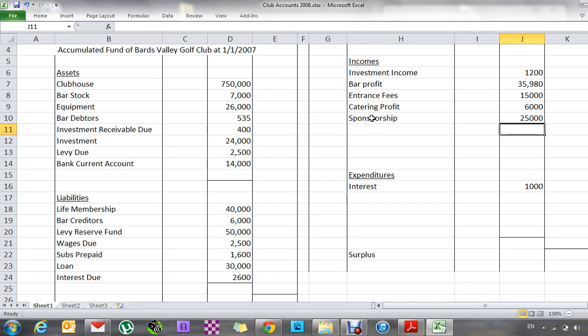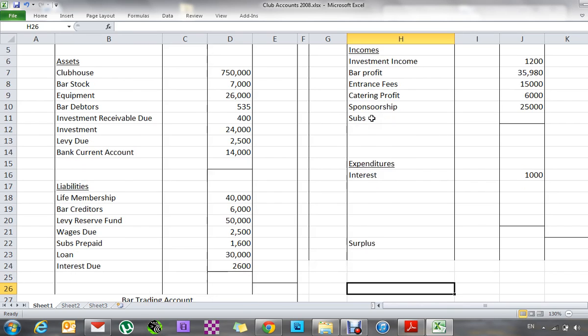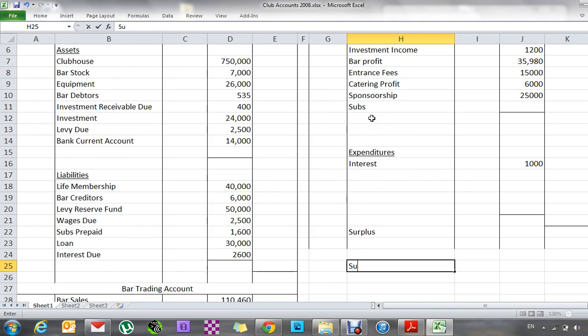Subs. Now, subs is one that's going to involve a certain amount of calculation. So what I might do is maybe go down the bottom and I'll work out my subs here. So we start off with 250 grand. So that's the figure that came in for bank. And we look at the top.